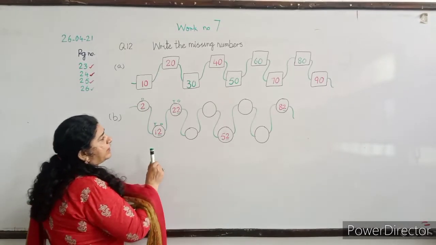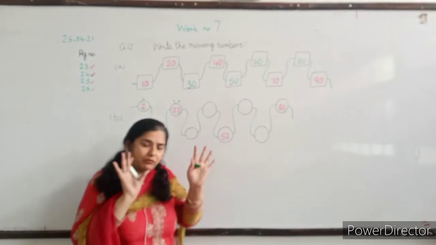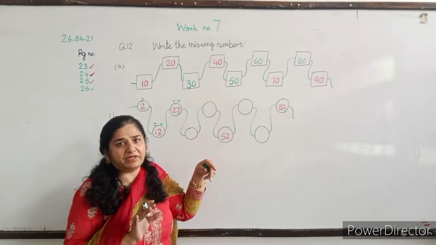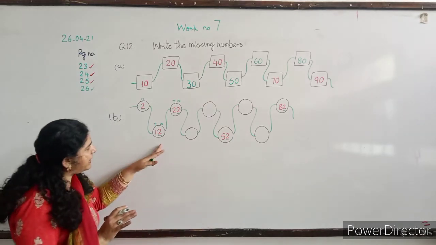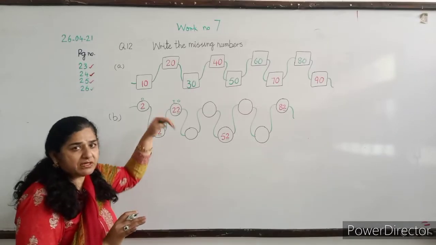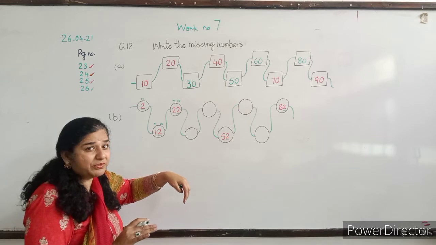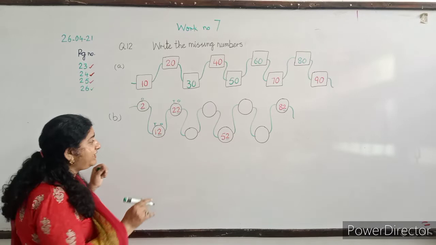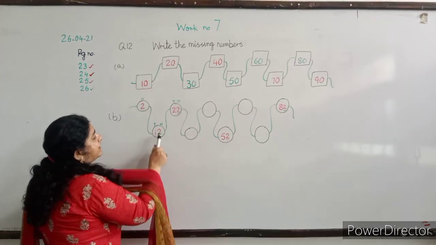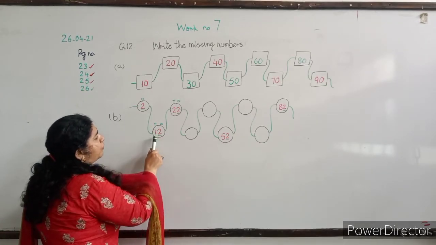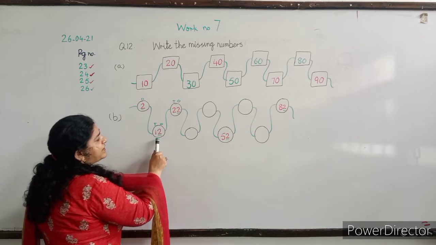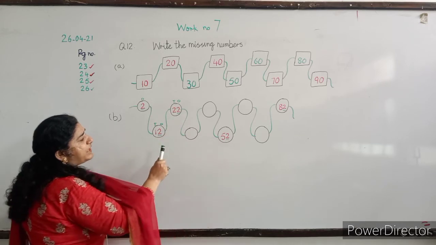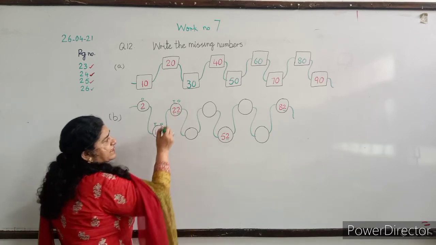Now see. Now no need to count on the fingers. That was the first step that we did on the counting in tens. But here we will take the jump of tens because we know all the jumps of tens, 10, 20, 30, 40, 50, 60, right? So see, our tens is the same: 1 ten and 2 ones here is 12, and then 2 tens and 2 ones. Now see, we will change this tens.